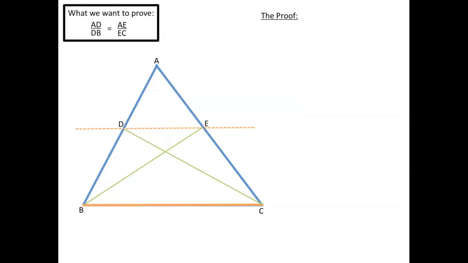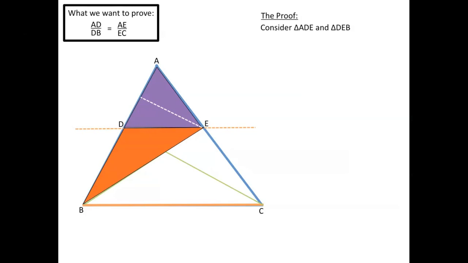Once I did this, I'm going to consider triangle ADE and triangle DEB. So triangle ADE is this one, and triangle DEB is this one. And if you've noticed, they actually share the same height, which is denoted by the white line.